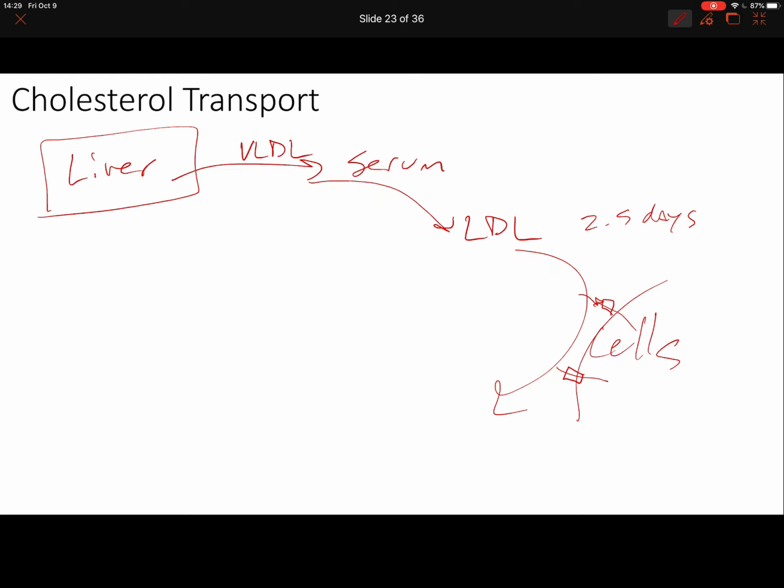Actually, the whole molecule gets brought inside the cell. So if this is an LDL molecule, it gets brought in through a process called endocytosis, which we're not going to go over. It gets brought in, and then it liberates the free cholesterol and the cholesterol esters. Sometimes cholesterol is transported as a cholesterol ester. It makes it more soluble. And so they get transported.